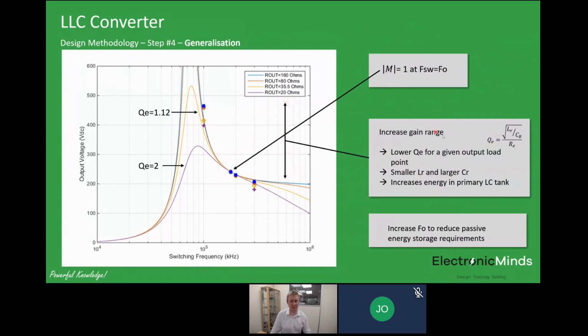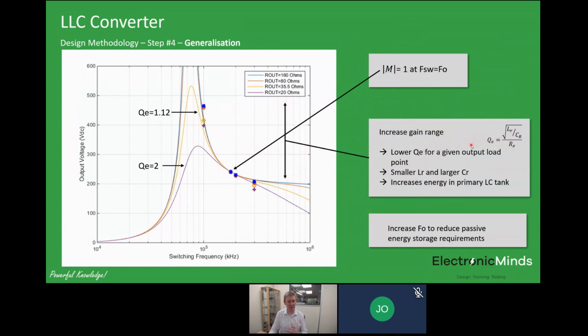Well, let's assume for the moment that the output load resistance and the turns ratio are fixed. What else can I do to increase that output range? Well, in the way that we've expressed Qe in this modeling approach, to increase the gain range, we actually want to lower Qe for a given load point.